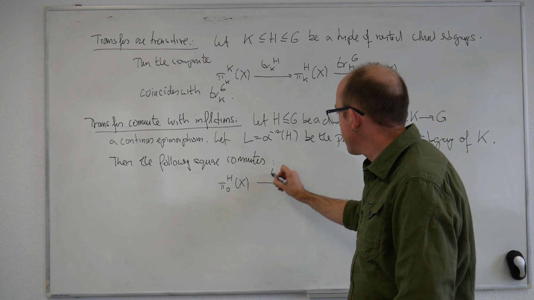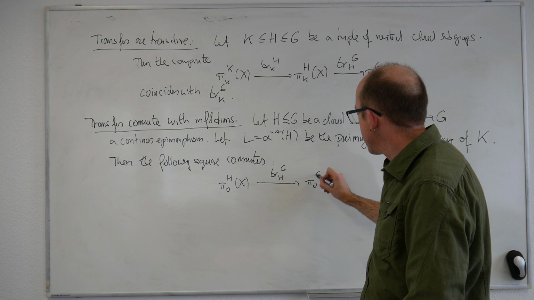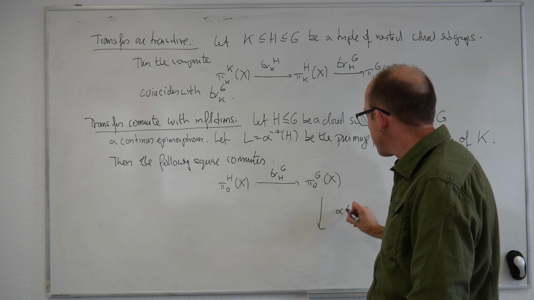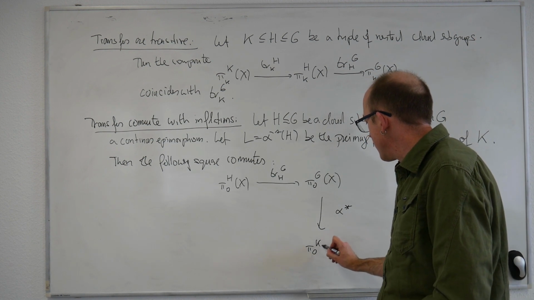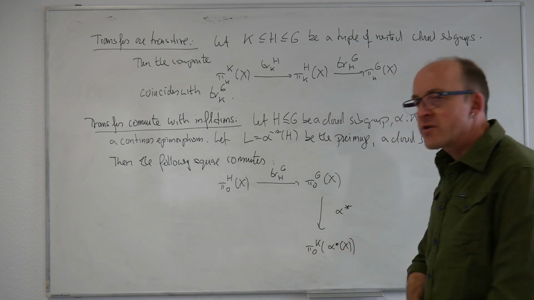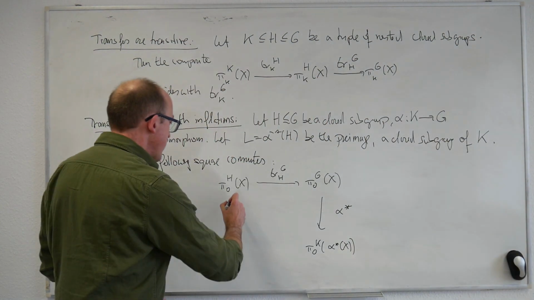We can transfer from H to G, pi 0 G equivariant of X. And then we can use the inflation homomorphism, a restriction along this continuous epimorphism, and this lands us in pi 0 K equivariant. And then in this generality, we would have the orthogonal K spectrum alpha upper star of X. Or we can do it in the other order.